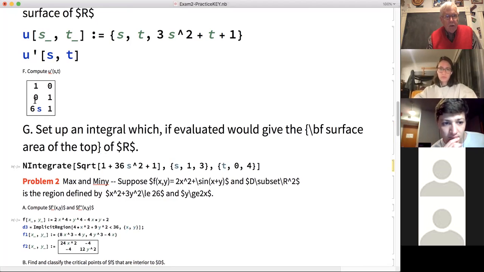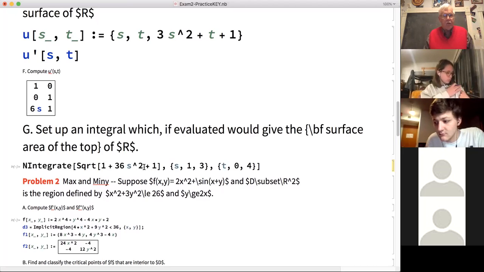So the determinant there is minus 6s, and when you square it, you get 36s squared. And then the last one is the top row and the last row. That determinant is 1, and when we square it, we get 1. So the whole expansion contraction factor is the square root of 2 plus 36s squared.